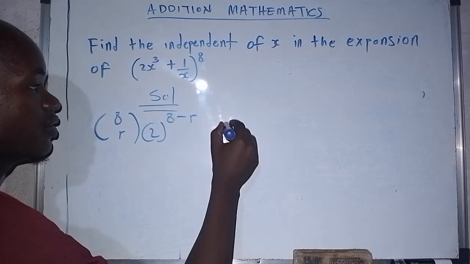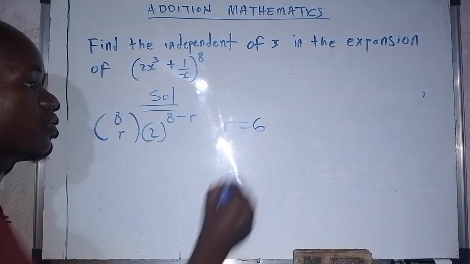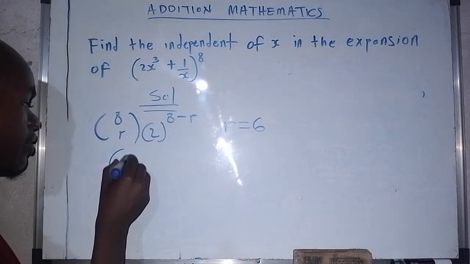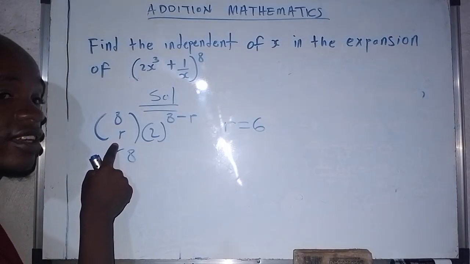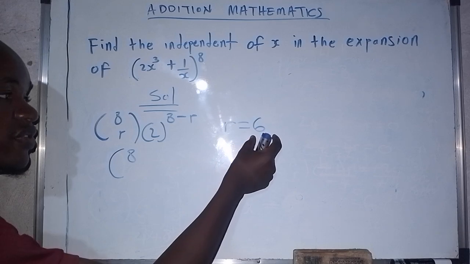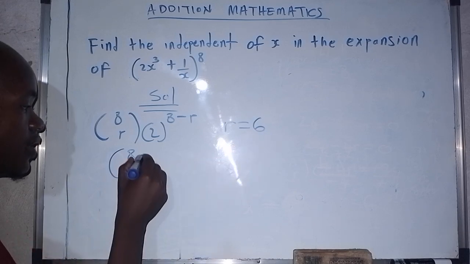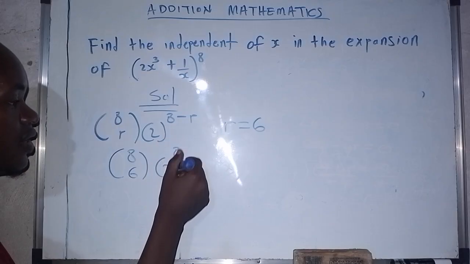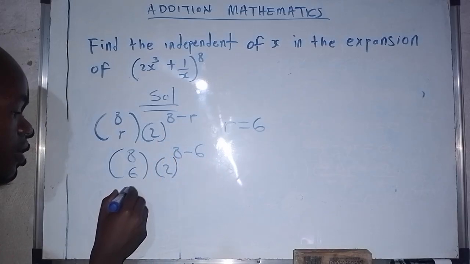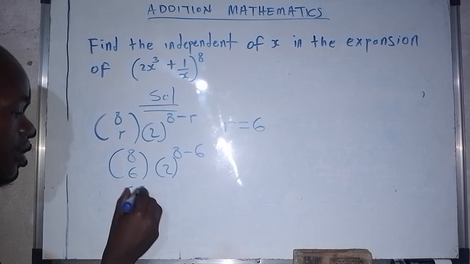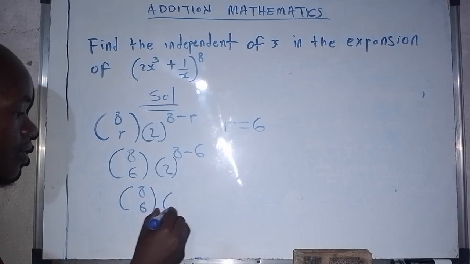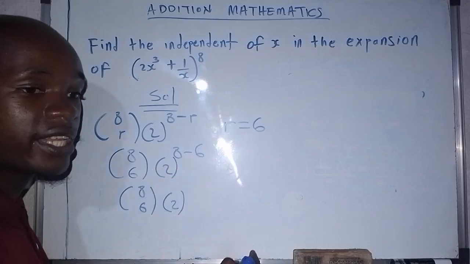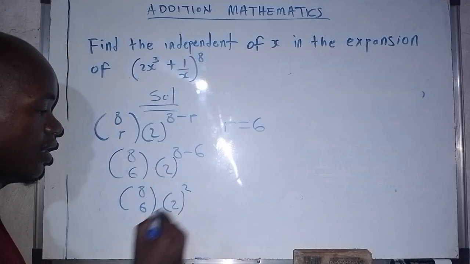Now remember, we found r to be equal to 6, so r will be needed. Where there is r, we replace with 6. So I'll say 8 combined 6, then here 2. What is 8 minus 6? From 8 we take away 6, that is 2.